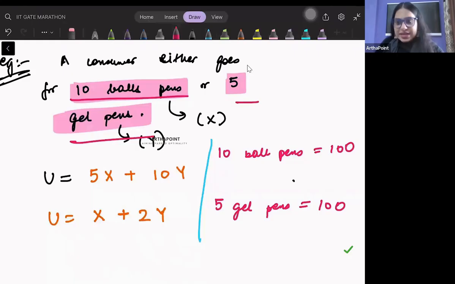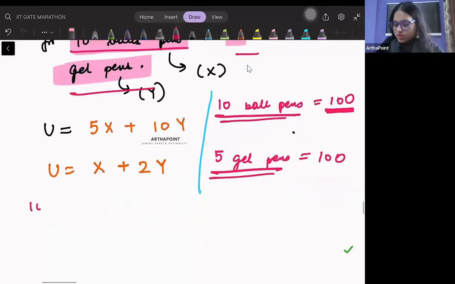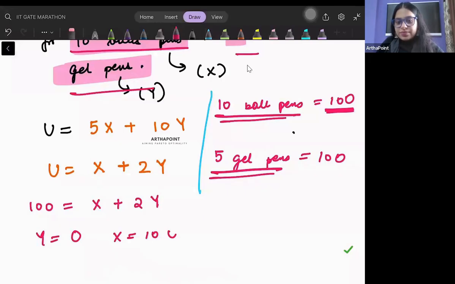So here, what happens is, if I want this utility of 100, either I can go with 5 gel pens and I can get a utility of 100, or I can go for 10 ball pens and get a utility of 100. Now just replace 100 here. 100 is equal to x plus 2y. So if I put y as 0, my x will be 100.